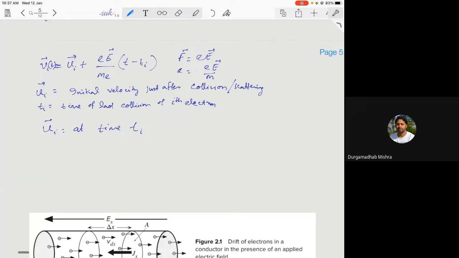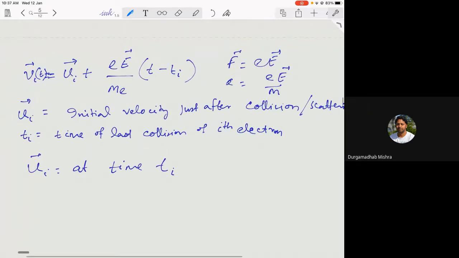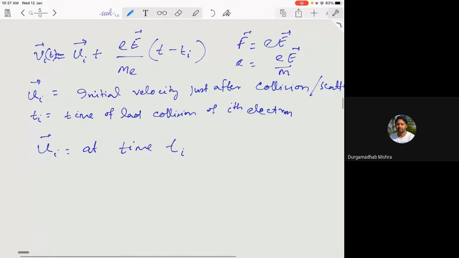So just when the collision happened. And then what is the velocity after time t? So we say Ui plus the acceleration times (t minus Ti), the time elapsed, the time difference t minus Ti. So this is how you can understand the instantaneous velocity just after collision.